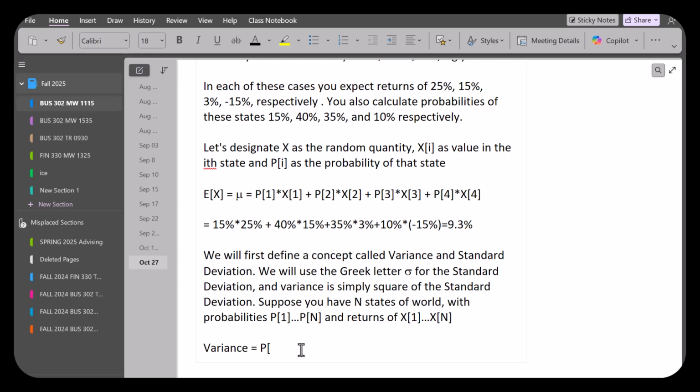So I'm going to do P1 times (x1 minus mu) squared, plus you do this for all of them.